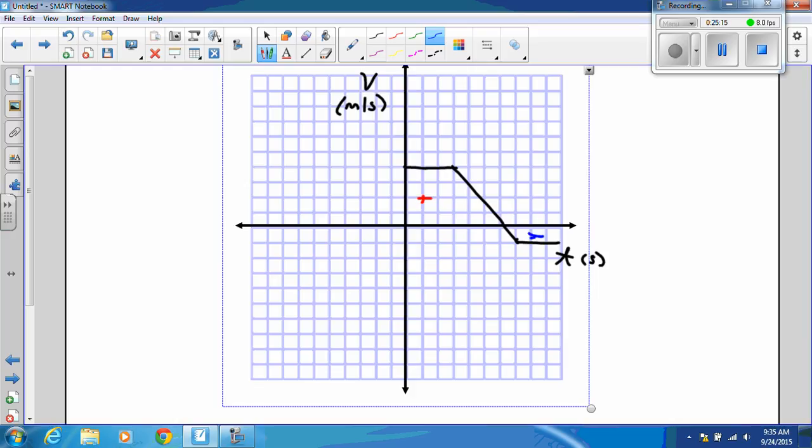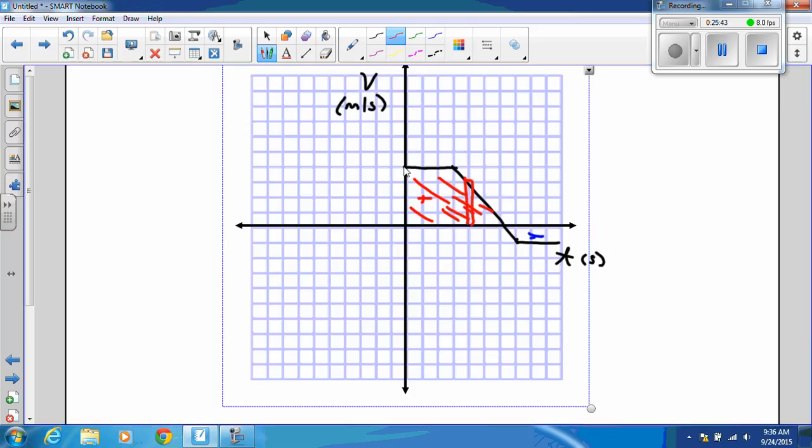So the velocity graph can also give us displacement through computation of area. If I take a look at the area under the curve from here to here, all of this area right here, then I can think mathematically of this area as being computed by a bunch of little tiny rectangles that cover the entire area right here.